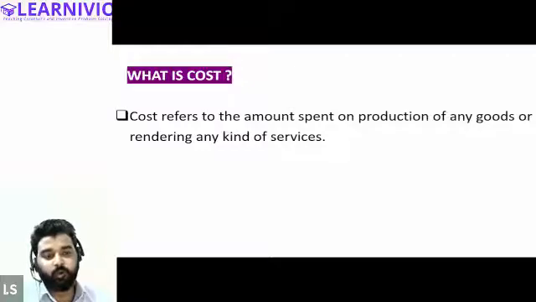For example, you require raw material, labor, machine, all of these things, and for that purpose, you have to spend money. So whatever the amount that you spend on purchase or acquisition of these resources is considered as the cost. So whatever the amount is spent on the production of any good or service is called cost.